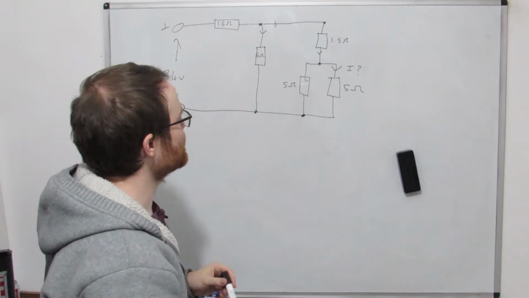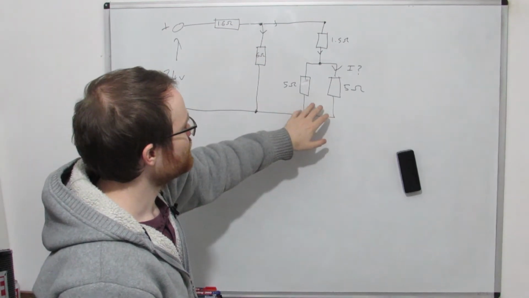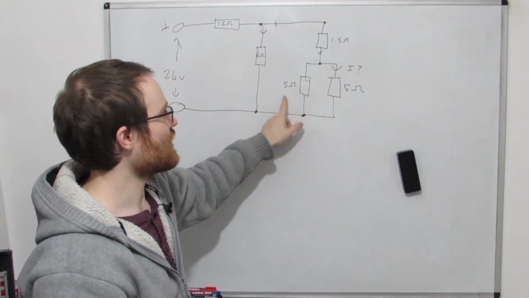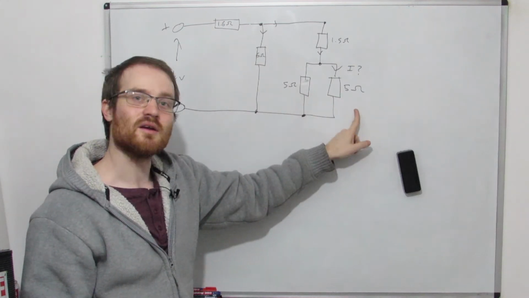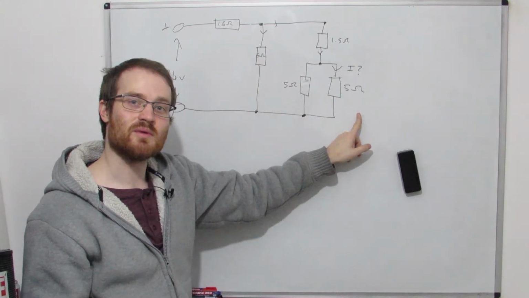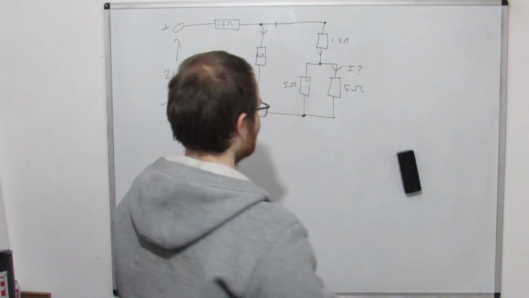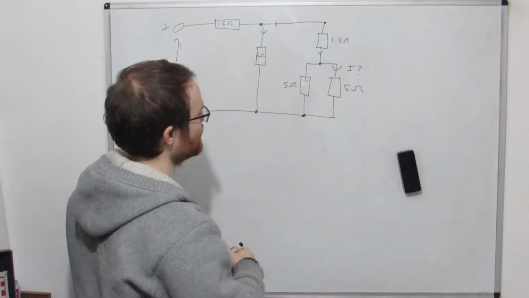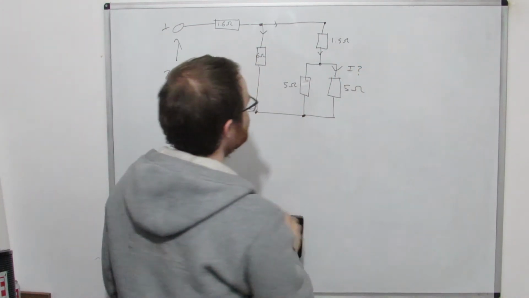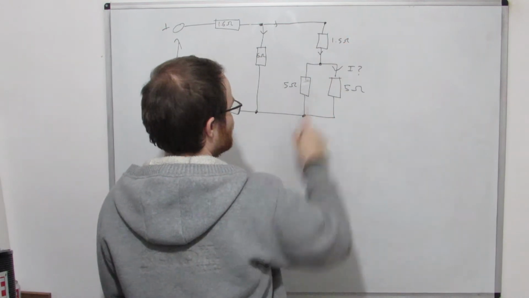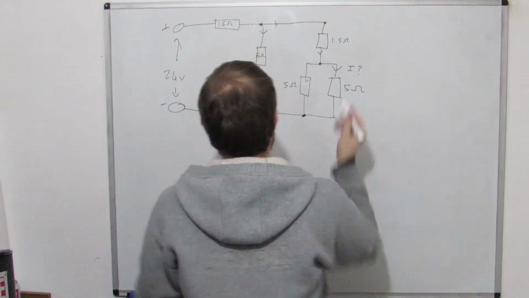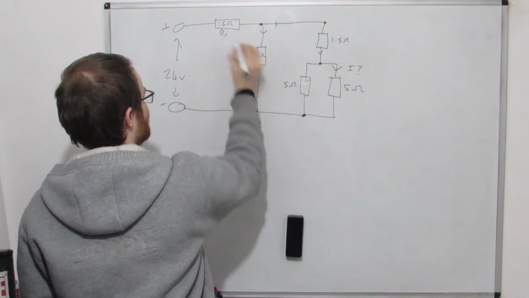Okay, so how do we find the total resistance of this circuit? So we know two resistors in parallel that are the same value, the total resistance is going to be half of the resistance. So what we can jot down in our memories is that this in series with these two, I'll give these all numbers.